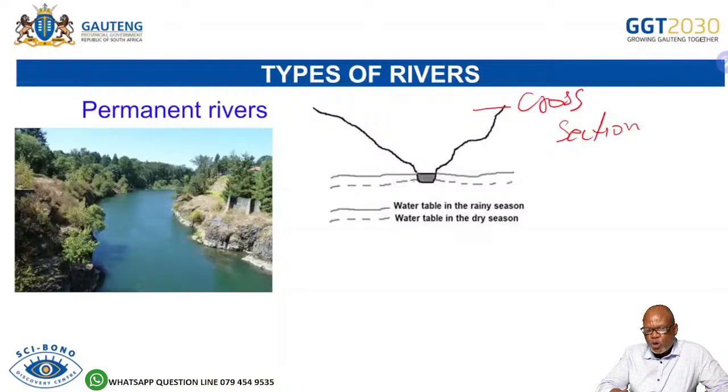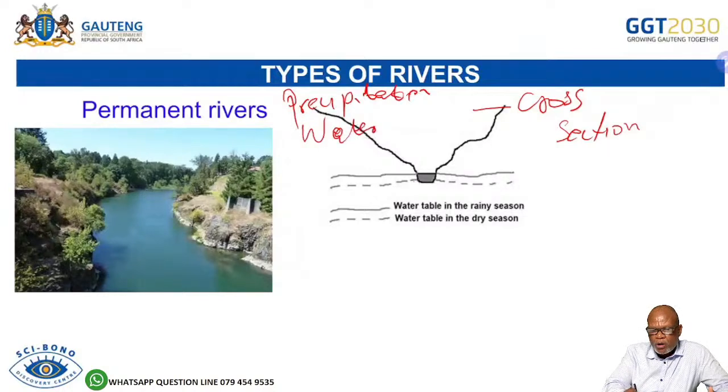Why? Because the permanent river during rainy season has two sources of water. Number one is precipitation, which is rainfall. It has water from precipitation, and it also has water from the water table during rainy season.